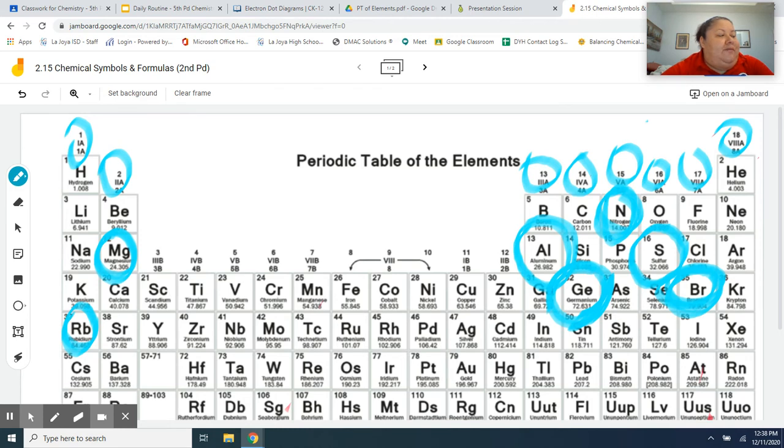Take off the 1 from the group number. It's in group 15 over here. Nitrogen. This one. Let me get a different color. Nitrogen right here. N. Group 15.